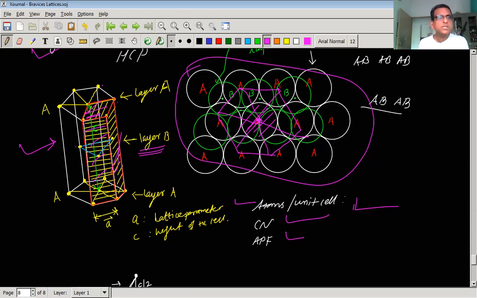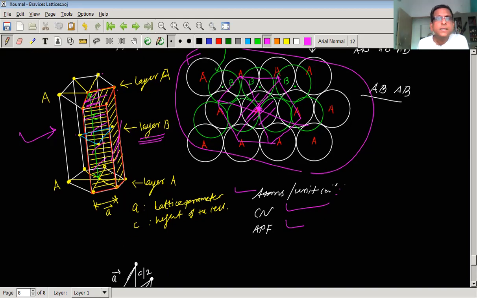And how many points are there? Upper base 6 points, and lower again 6 points, so 12 positions in the hexagonal unit cell, at each of which one atom contributes only 1/6 of a complete atom. There is also one atom at the center of the face, which will contribute 1/2.